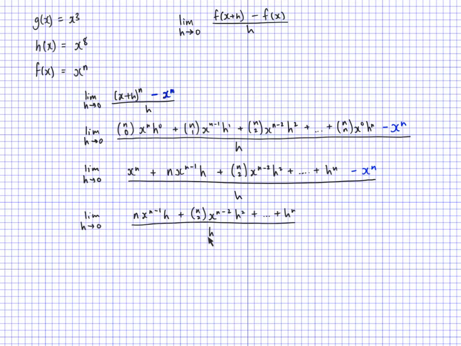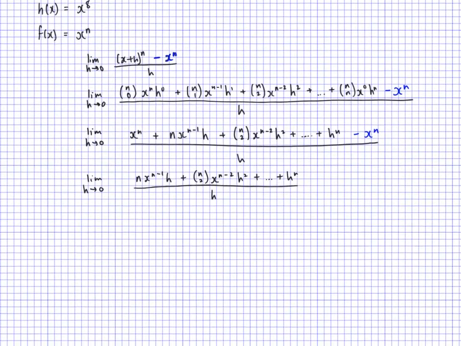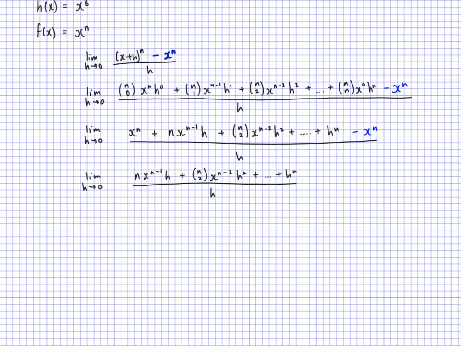So remember, an h will cancel from every term, so these first two and everything in the middle and this last one, and that will reduce my fraction. Okay, so let's see what I get when I do that. So limit.